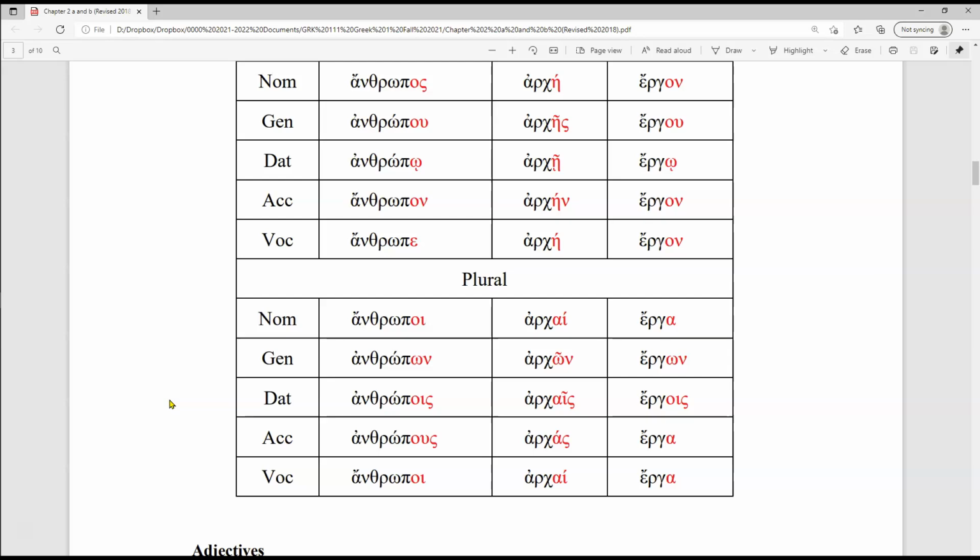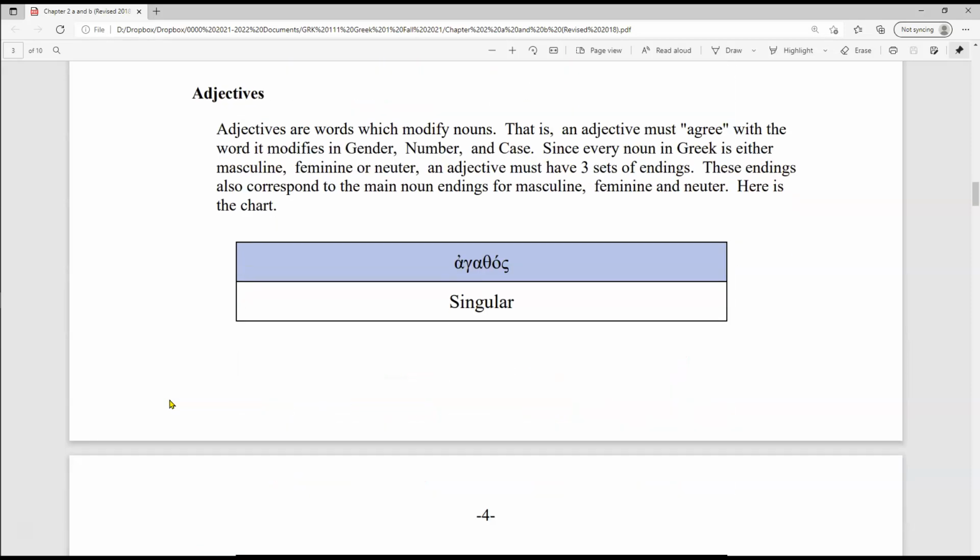Like essential, like build your house on a foundation. If you don't memorize these charts, Greek's going to be impossible to read. These two charts are essential. So I would review them every day that you study for Greek. You want to get them in your long-term memory.